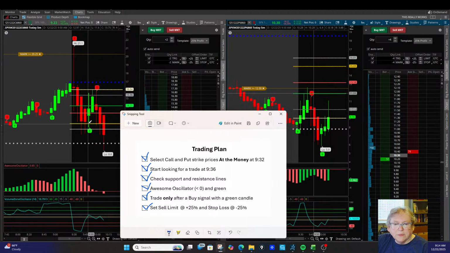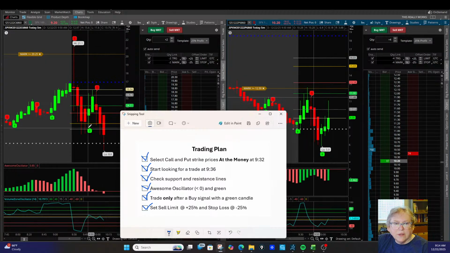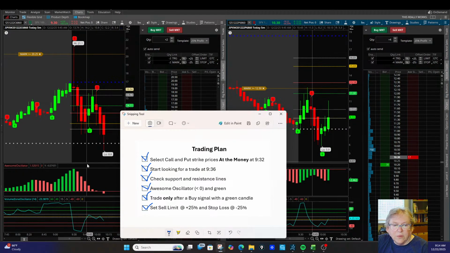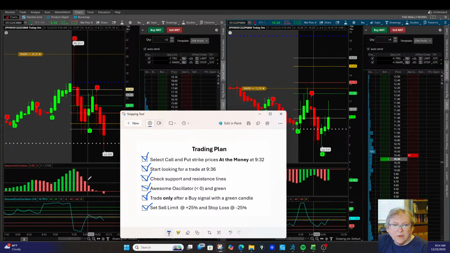The only problem is then the awesome oscillator needed to be less than 0. And here it clearly was not, and that was a red candle. So everything has to fit. I needed a green bar there on the awesome oscillator. Did not have it.